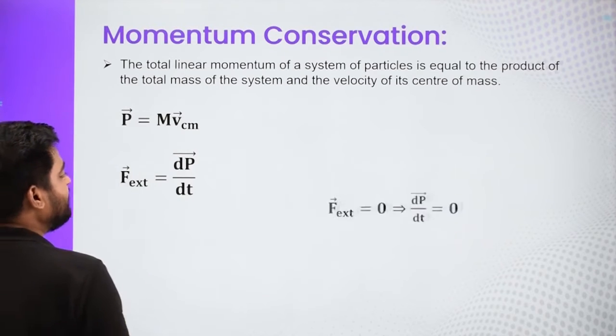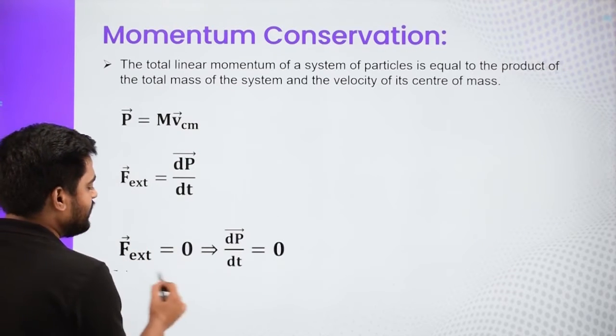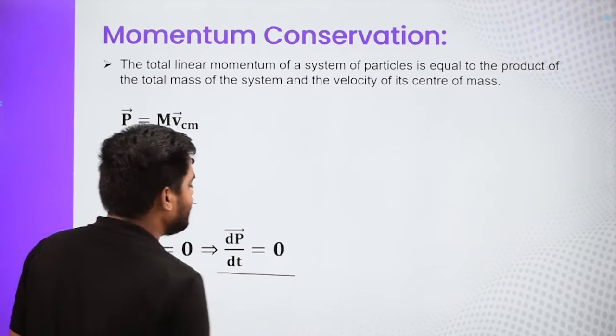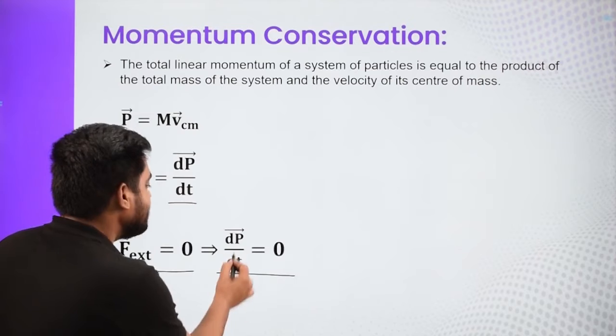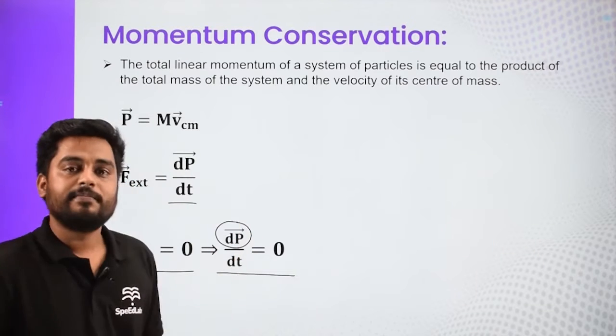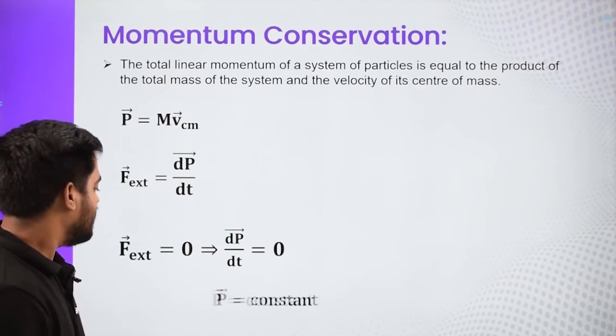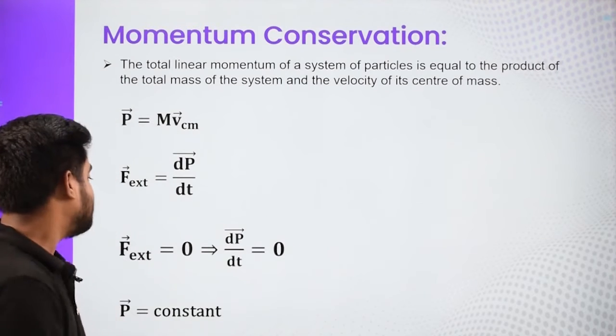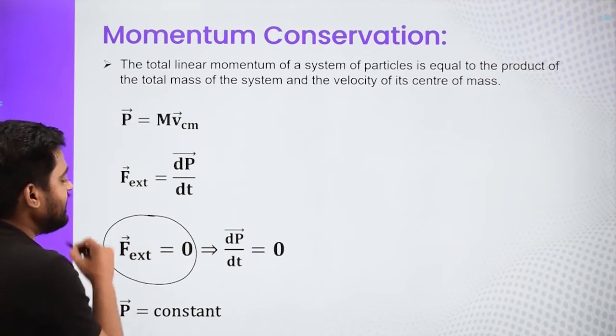But what if this F external is 0? So when this F external is 0, then this thing is 0. And if rate of change is 0, means the change in momentum is 0, means the momentum will remain a constant quantity. Linear momentum is not going to change when F external is 0.